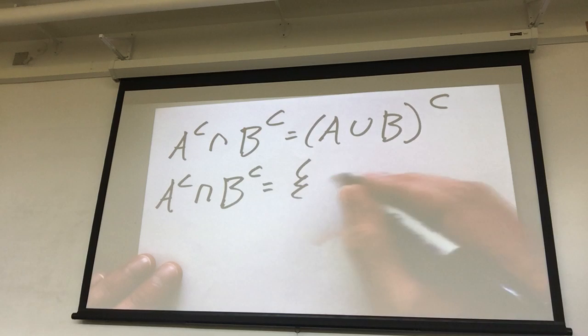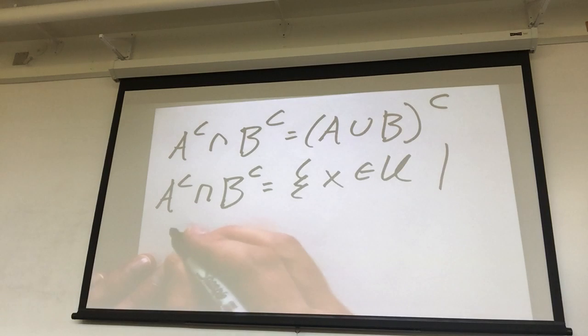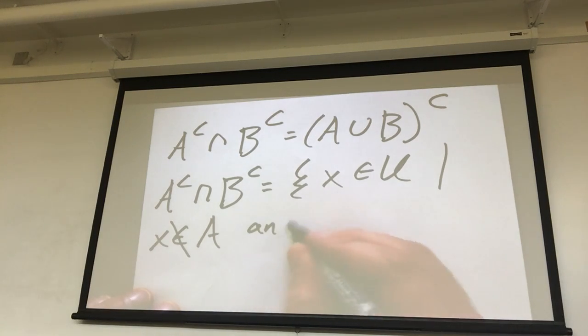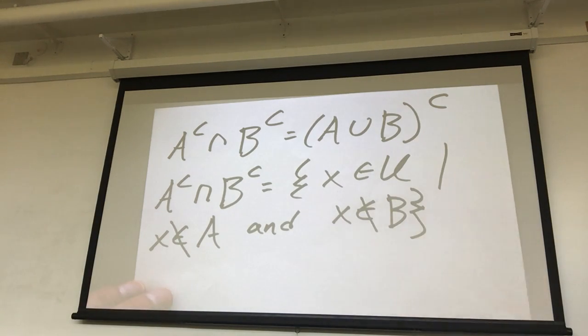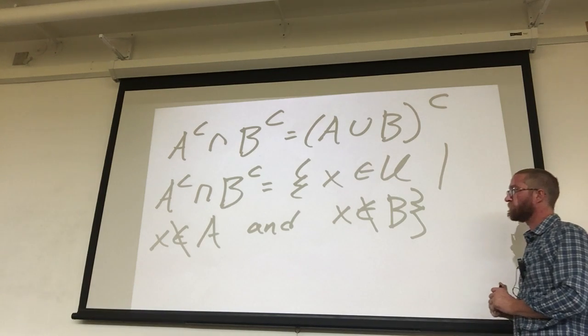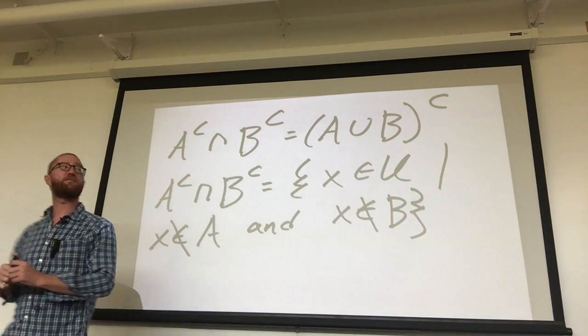That would mean X in U such that X is not in A and X is not in B. So the complement of A and the complement of B.